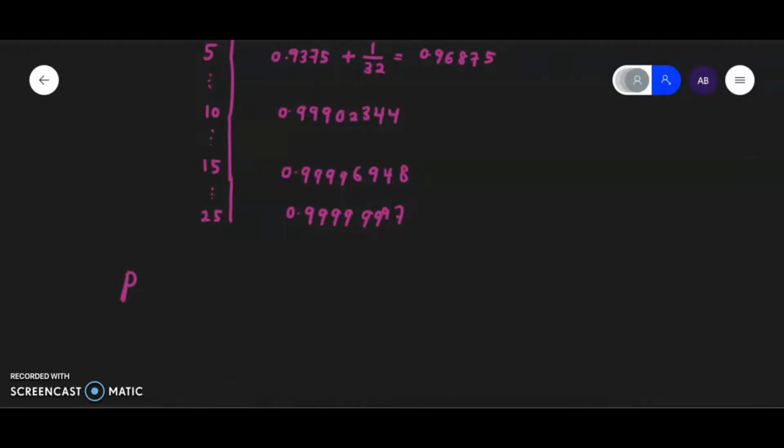A partial sum is the sum of part of the sequence.